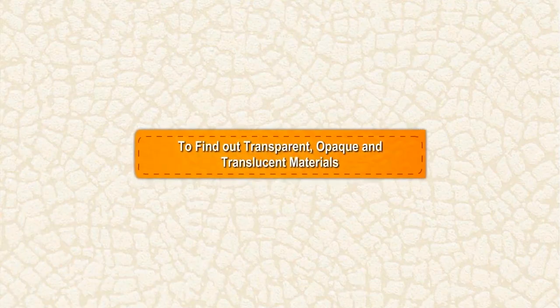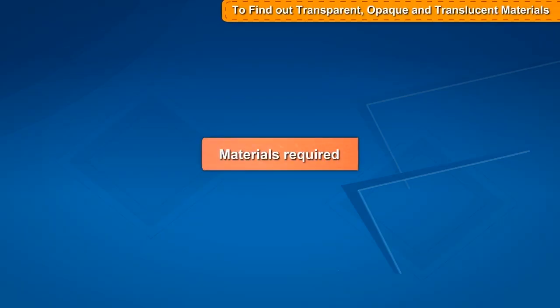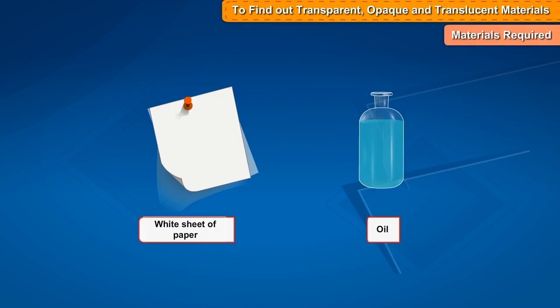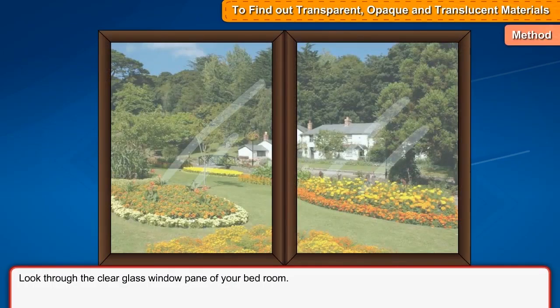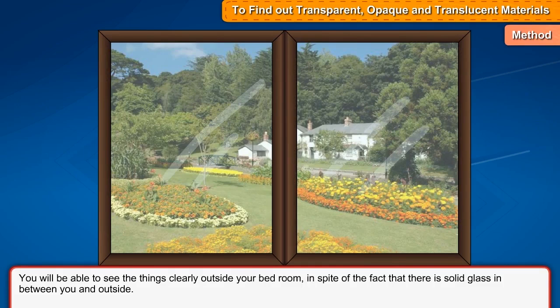To find out transparent, opaque and translucent materials. Materials required: white sheet of paper, oil. Method: look through the clear glass window pane of your bedroom. You will be able to see the things clearly outside your bedroom in spite of the fact that there is solid glass in between you and outside.